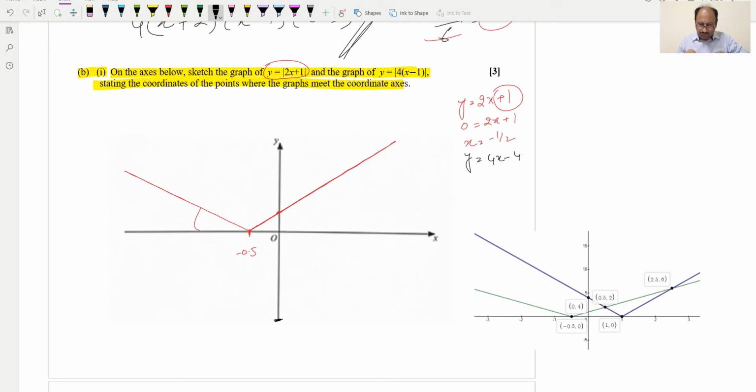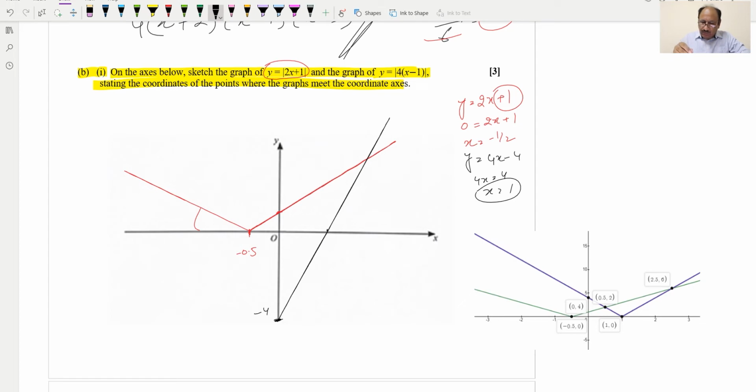The x-intercept will be at y equal to 0, and y equal to 0 means 4x is equal to 4, so x is equal to 1 will be the x-intercept. So we can take 1 over here, and we can draw the graph like this.